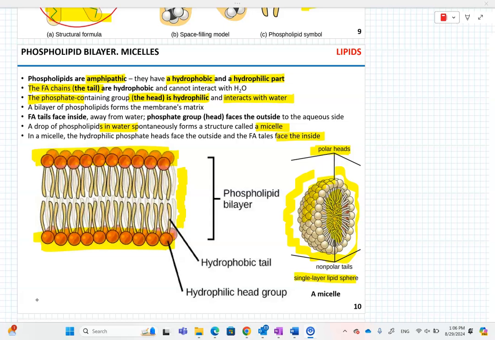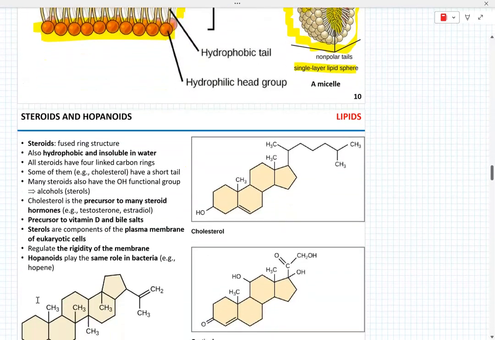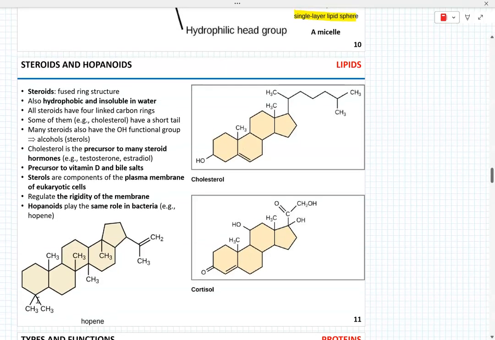The last type of lipids that we're going to talk about are steroids and hopanoids. Steroids, two examples of which are seen on the right, cholesterol and cortisol, have a structure composed of fused rings. Steroids also are hydrophobic lipids and are insoluble in water.